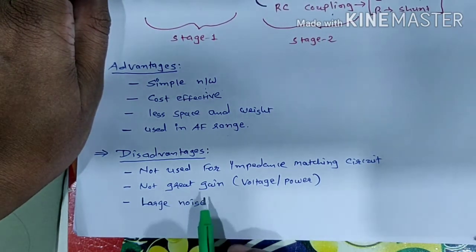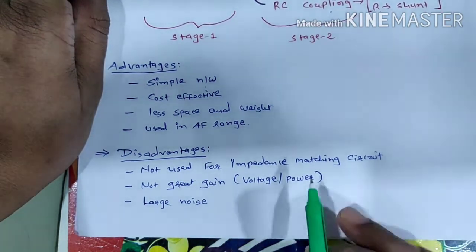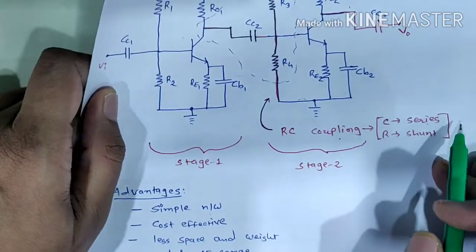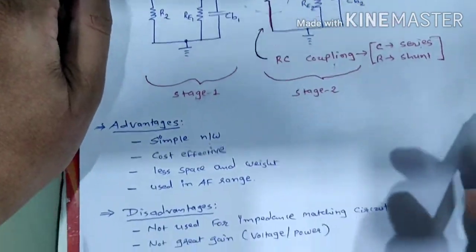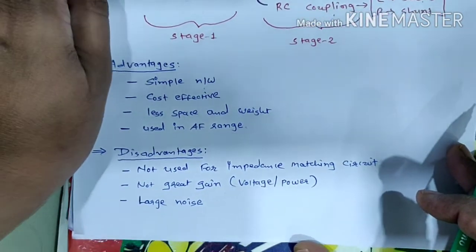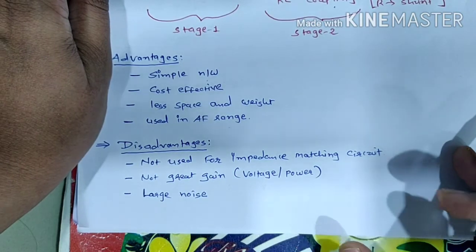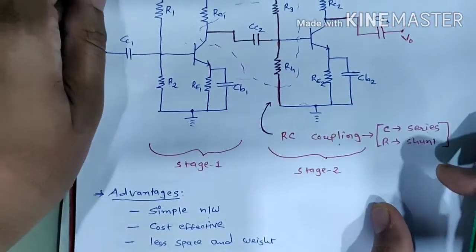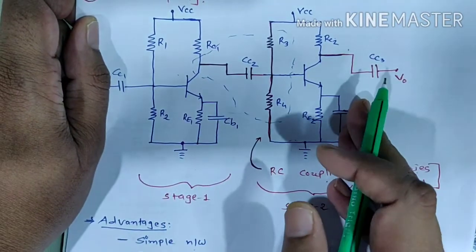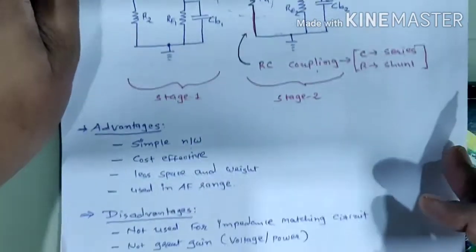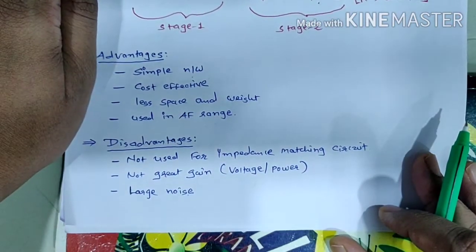Here, there is not a great gain, voltage or power gain. If we consider this type of coupling, then it reduces the gain. Then the third disadvantage: it has large noise. It will add noise in the next stage because it uses R and C coupling, so the noise level will increase.